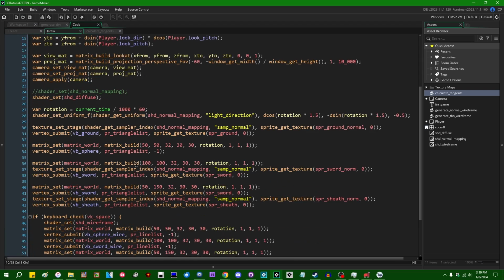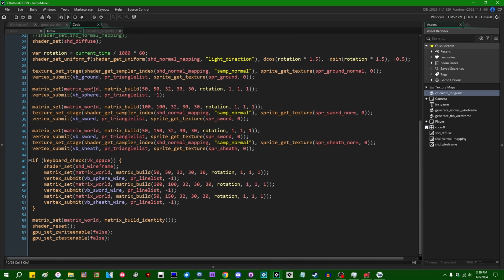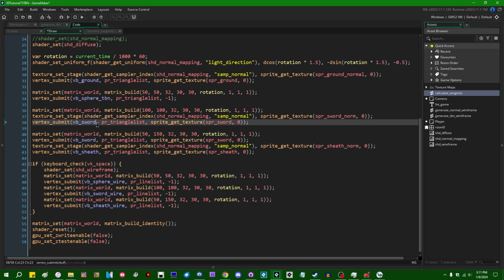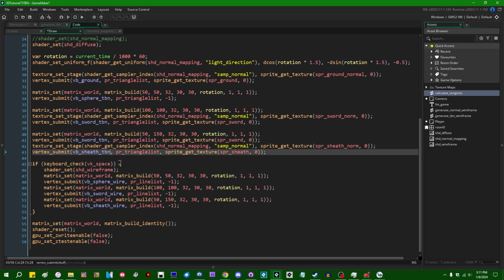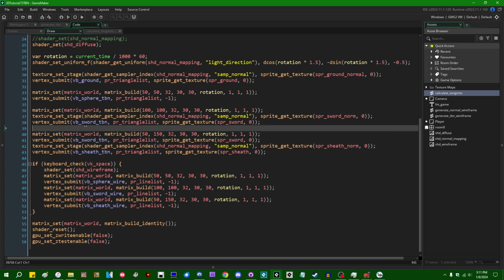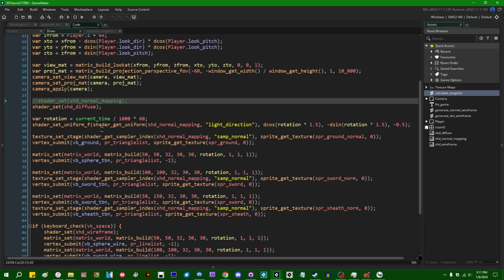When I go into the draw event, when we just look at the vertex buffers, nothing is really going to change. Because generally speaking, if you submit a vertex buffer with attributes that the shader doesn't use, the shader will just ignore it and carry on with its day. But this will be a vertex buffer that you can use with an actual normal map if you want.